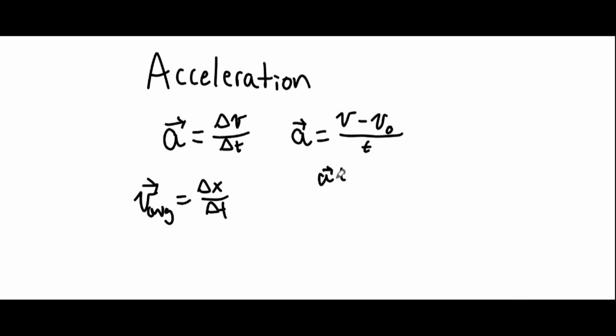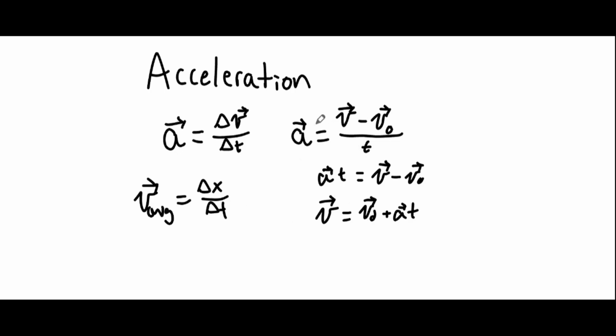This should be change in t, but I'm just representing it as t for now, is v minus v naught. Now, if we add v naught to both sides, we get final velocity is initial velocity plus acceleration times time.